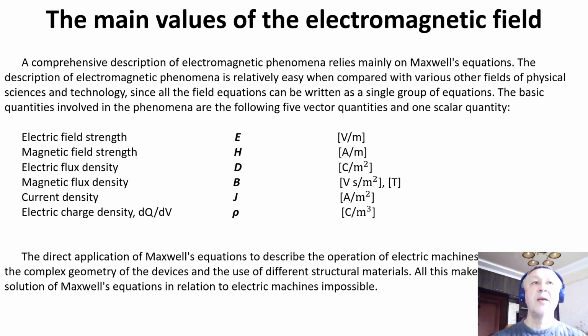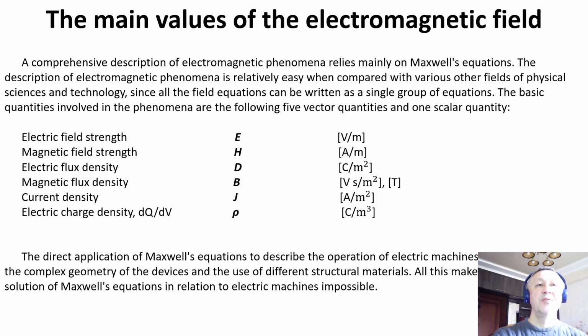They are electric field strength, magnetic field strength, electric and magnetic flux density, current density, and last, electric charge density.